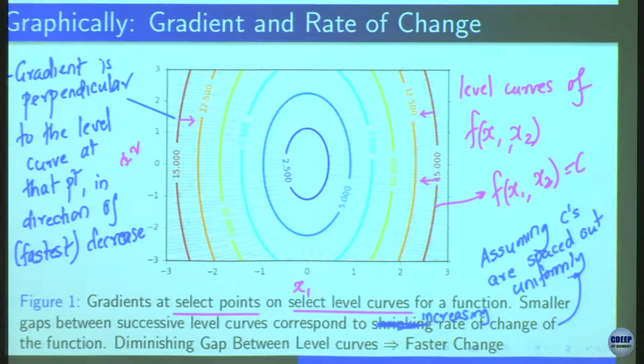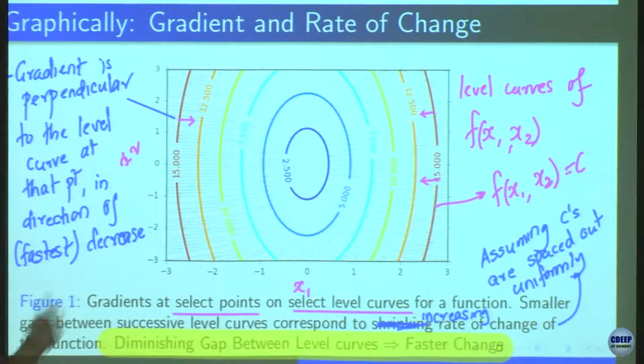Okay. So, a diminishing gap between level curves, that is exactly what I have said: faster change. This is something important to note, because when the gaps become very small, you might also expect some instability. That might come up later, but for the time being, this is a picture.